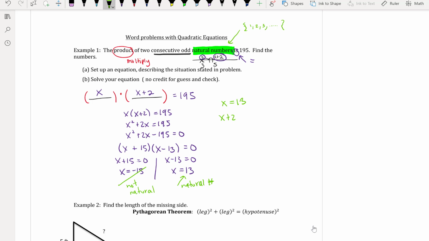So what is x plus 2 equal to? Well, 13 plus 2 is 15. So your two numbers are 13 and 15. Now I'm just going to rewrite that. 13 and 15. Okay? So those are the two natural consecutive odd integers.